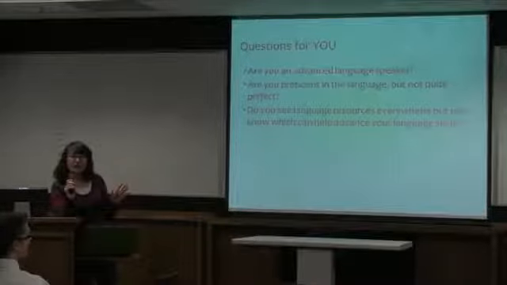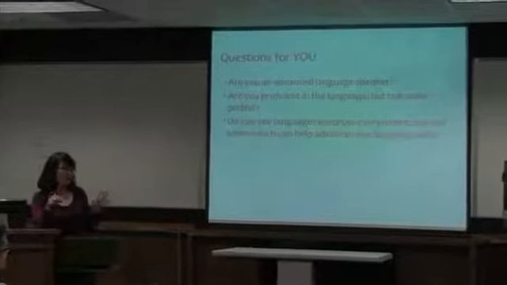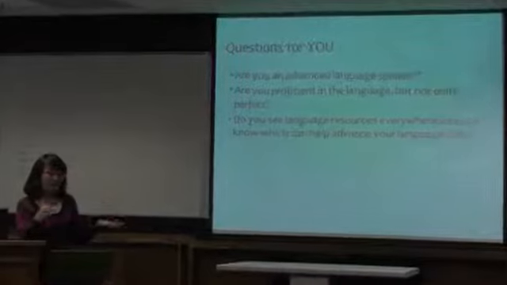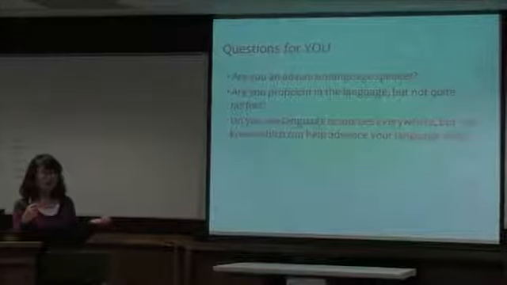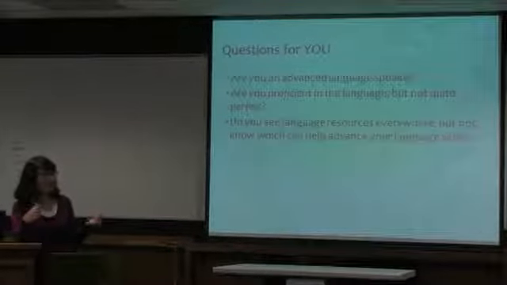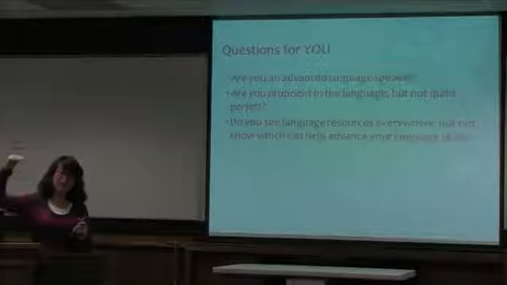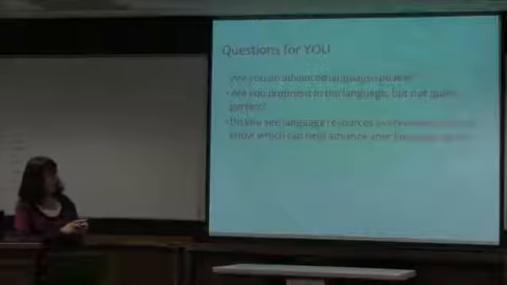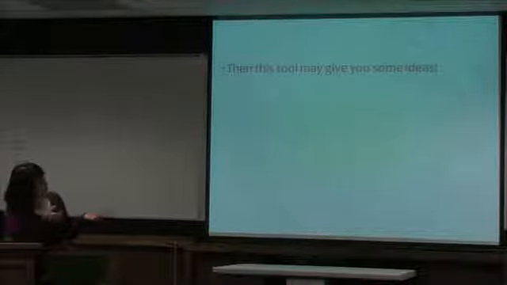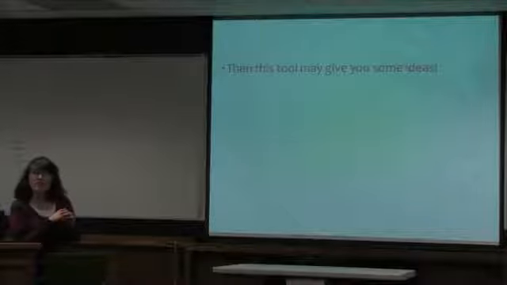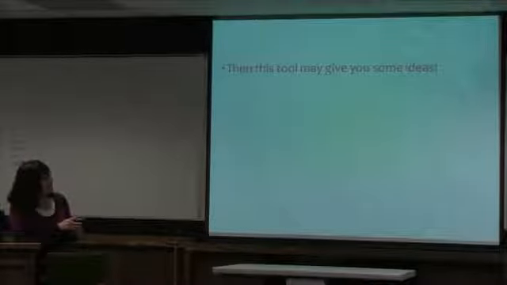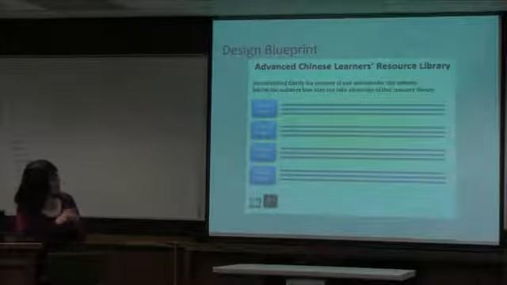So I feel that you probably see language resources everywhere, meaning the resources in that language everywhere, but not really the resources that can really help you advance, like really move you from the proficient to native-like level. If you feel that way, maybe this library, this tool that I created, may give you some ideas. So let me give you the design blueprint.